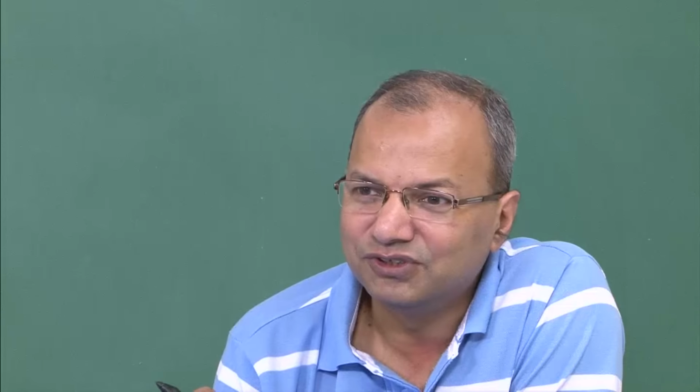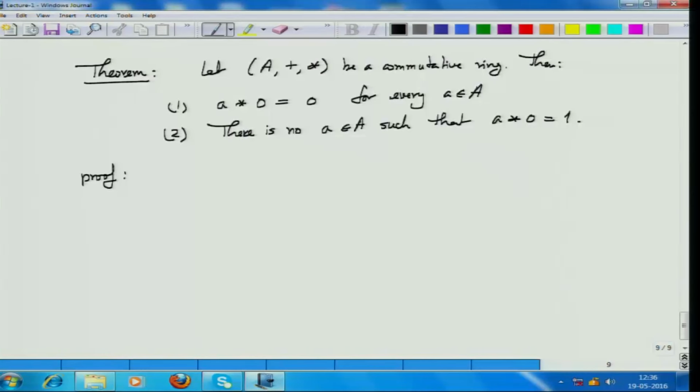So, how do we prove A times 0 is 0? It's very simple.